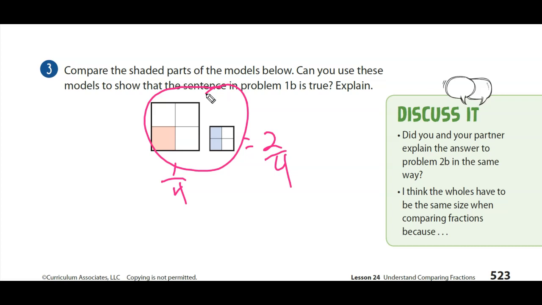But I'm asking you which fraction is greater based on the fraction, not the size. So don't get confused. In this case, 2/4 will be greater. Because this is just 1/4 of the whole shape. This is 2/4, which is a half of the shape.